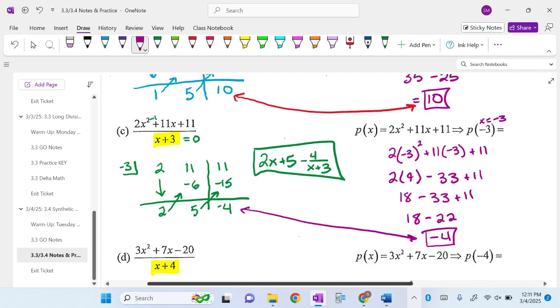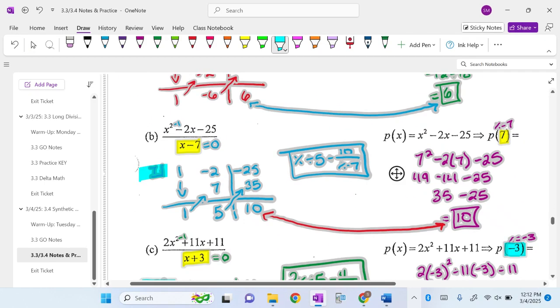Why do our remainders keep matching up? Look at what we're plugging in for x compared to what we're using to help us divide in the synthetic. What's the same? So guys, specifically look, how does that number connect to this number? They're the same.